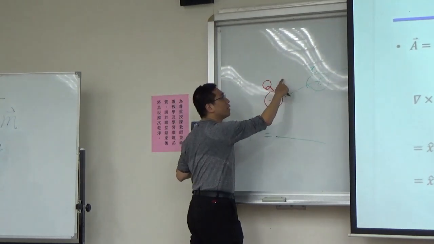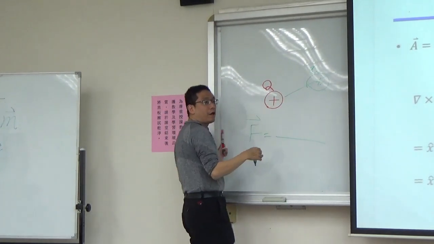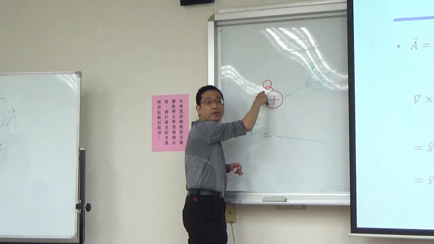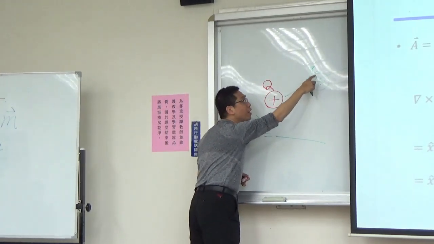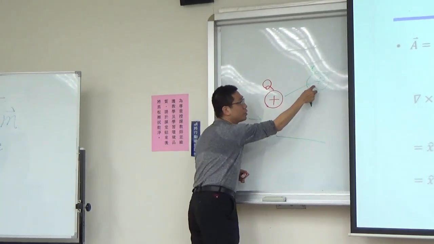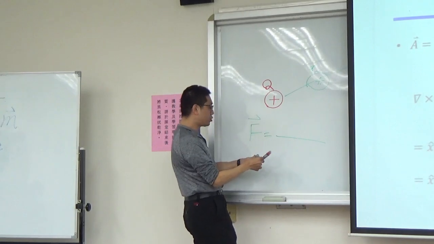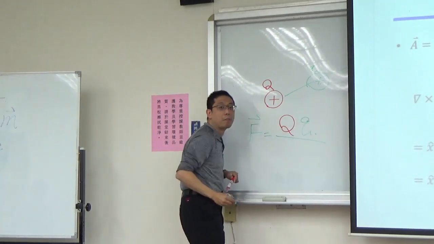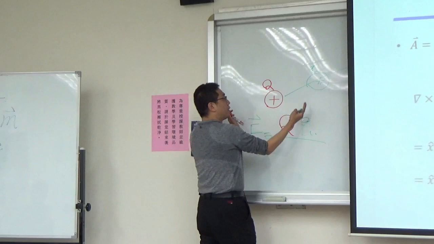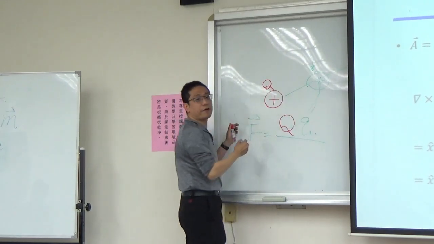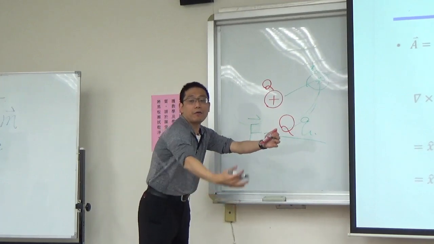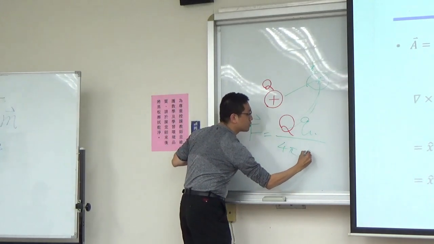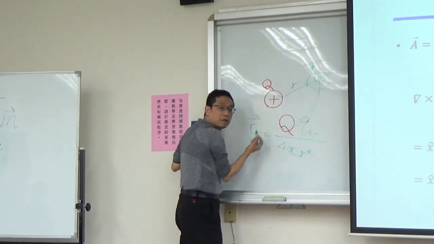If this one is large Q and this is a small q, and this is Q coulomb, and you put a charge of small q coulomb here, your charge will encounter a force which is large Q times small q divided by the area of the spherical surface, which is 4 pi r squared if the distance is r.